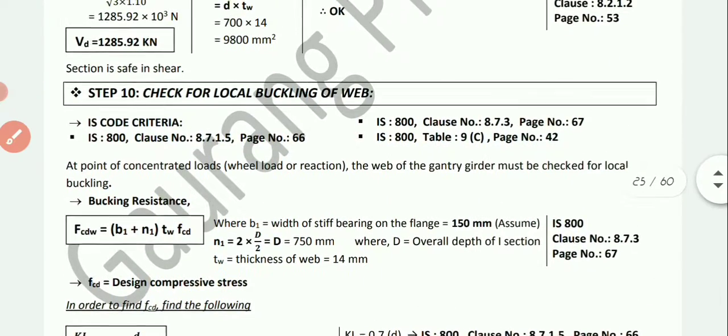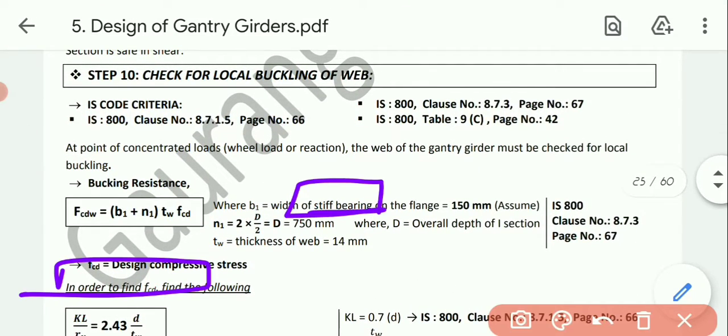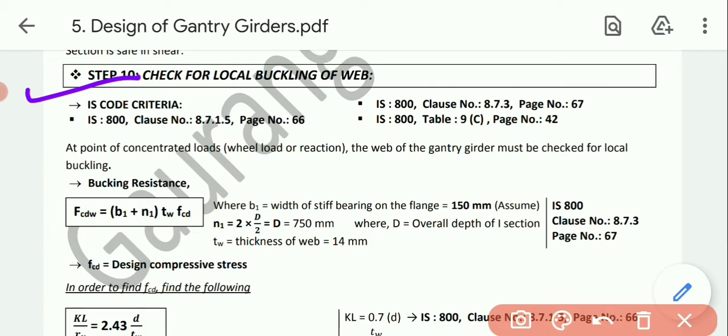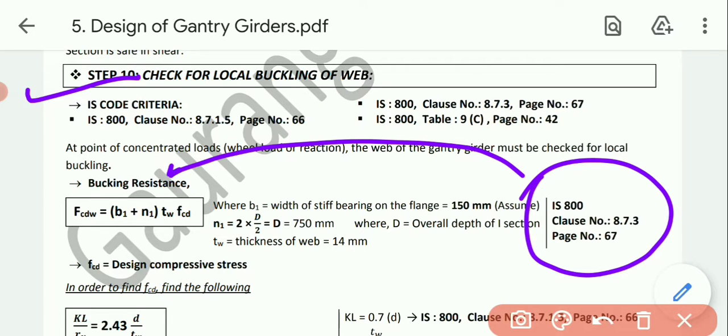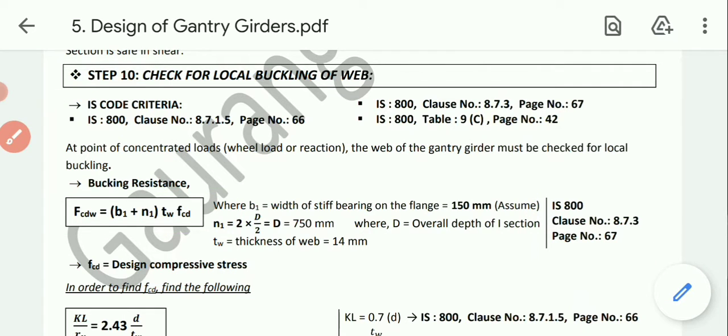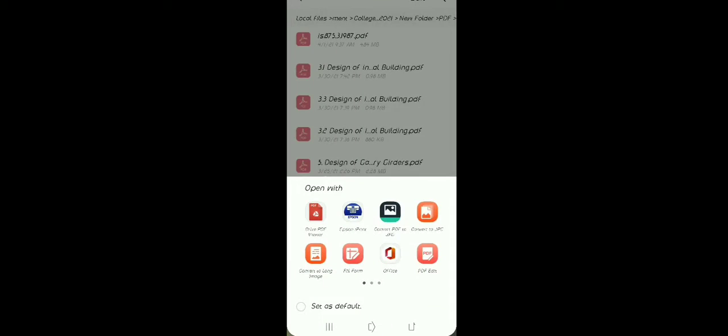Now next, that is check for the local buckling of web, step number 10. This check also I have not been asked in the data, but for buckling resistance on page number 67, this formula is given to us: Fcdw equals b1 plus n1 whole multiplied by tw into fcd. Let me take you to the code for that.